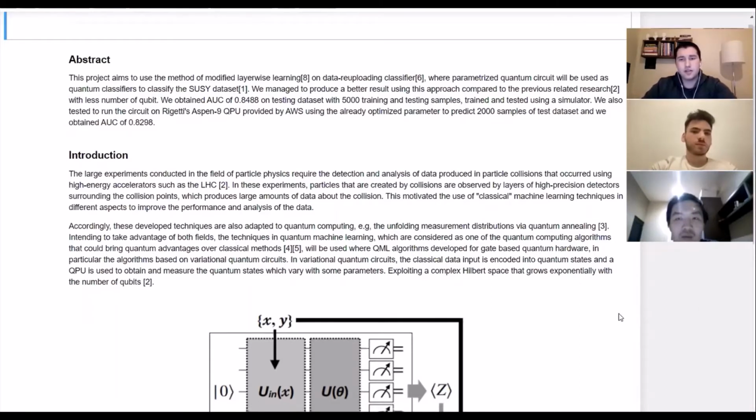Accordingly, the methods of quantum computing have been used in the last decades or so to help provide more improved analysis of these data.